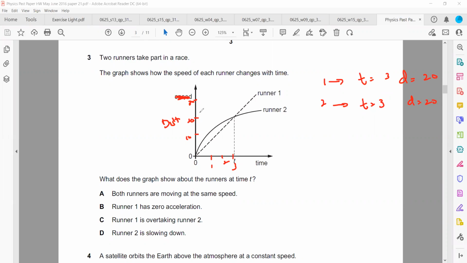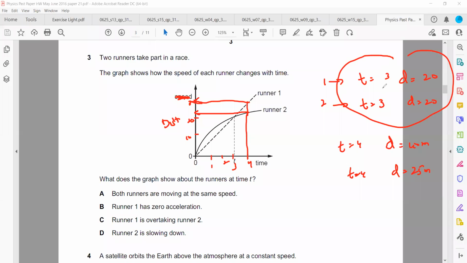But at the next moment, when time becomes 4, runner 2 does not cover more distance, but runner 1 covers more distance. So when time is equal to 4, runner 1 is at the 40-meter mark and runner 2 is still at the 25-meter mark. So it means this is a point where both cover the same distance, and now runner 1 overtakes runner 2 as it covers more distance.